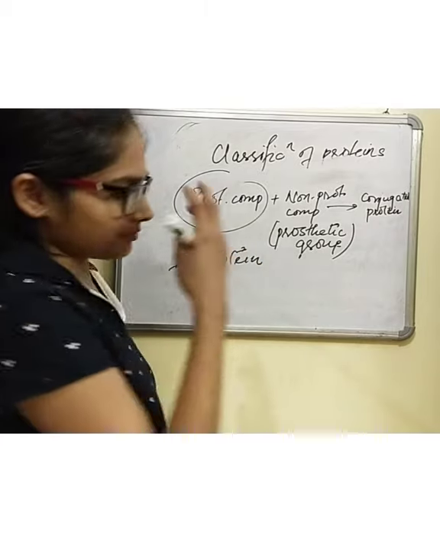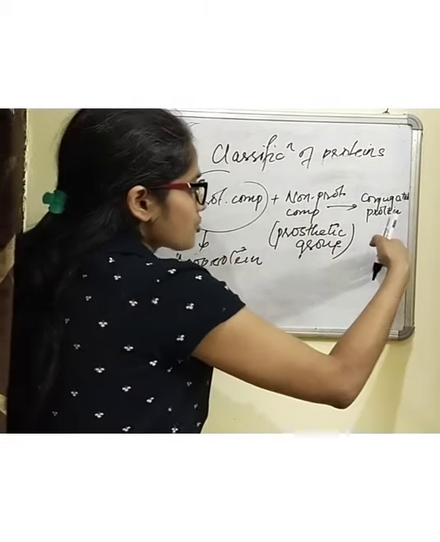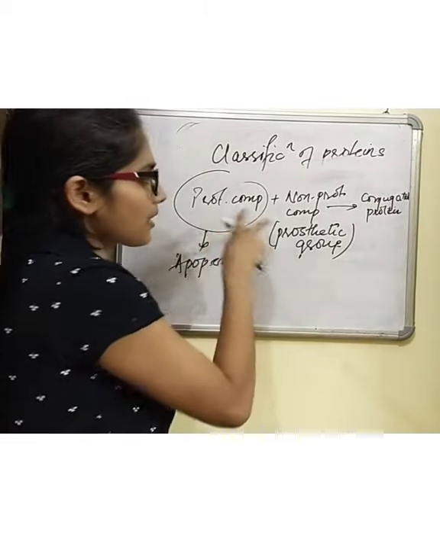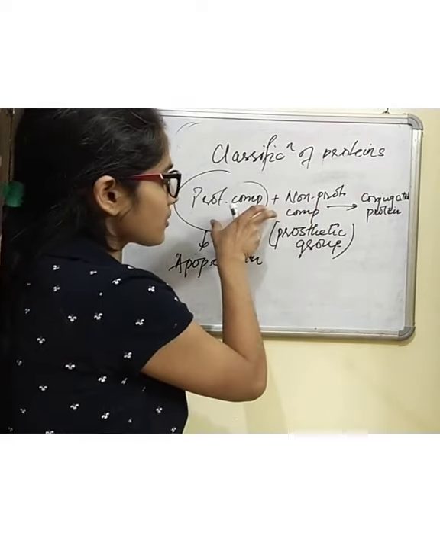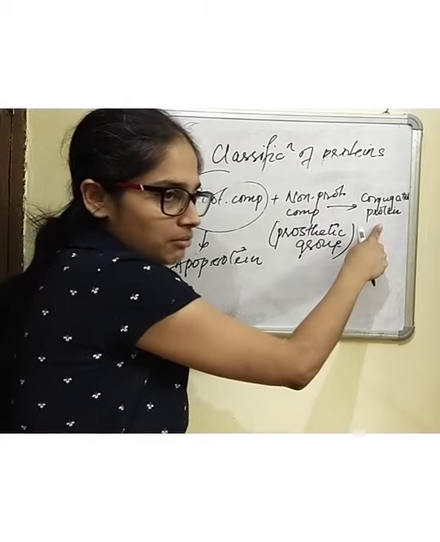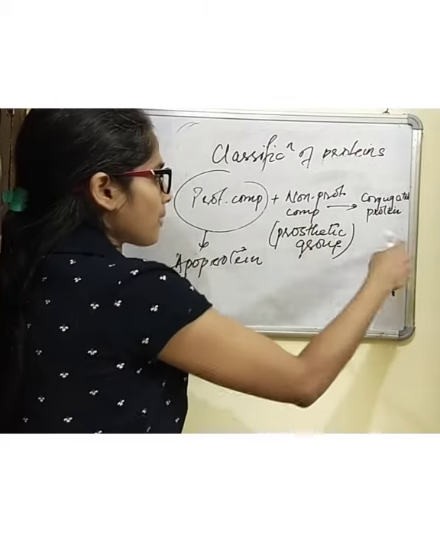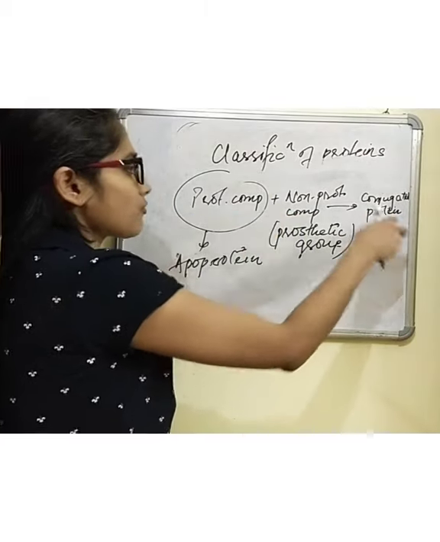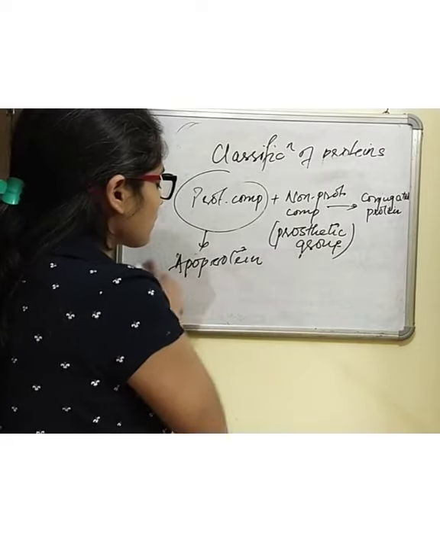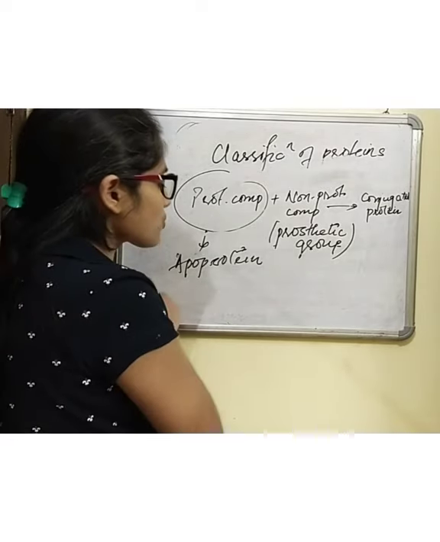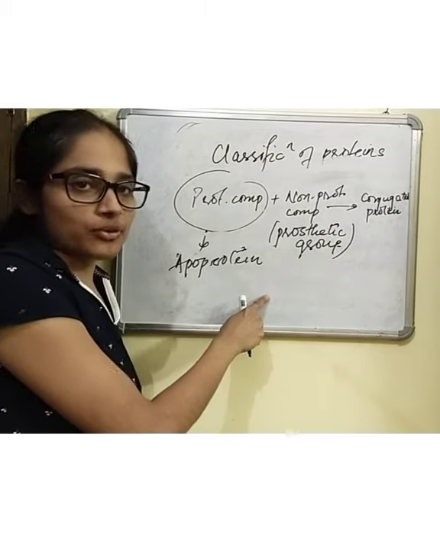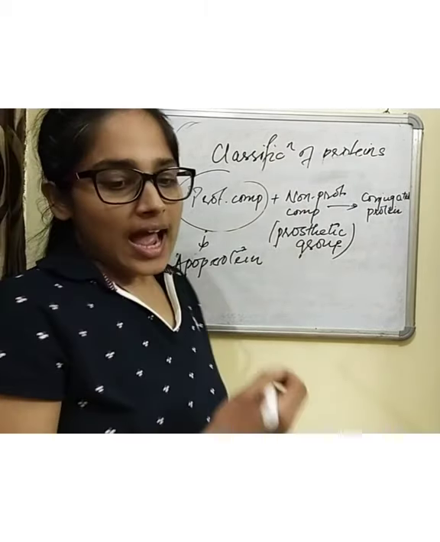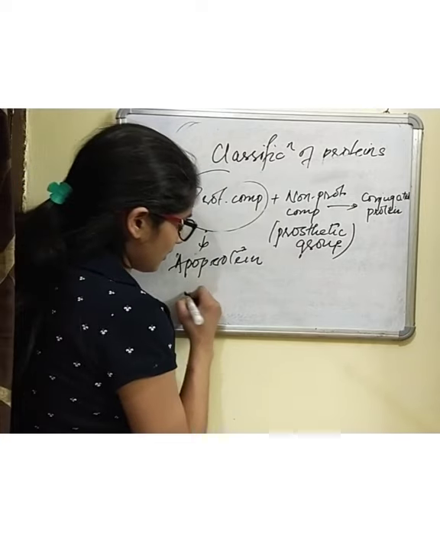So the protein component plus the non-protein prosthetic group collectively form the conjugated protein. And the protein component of a conjugated protein, when it is not associated with its prosthetic group, is called apoprotein.